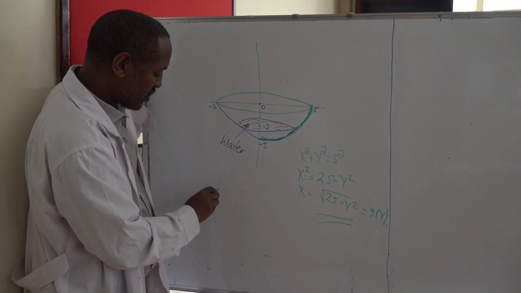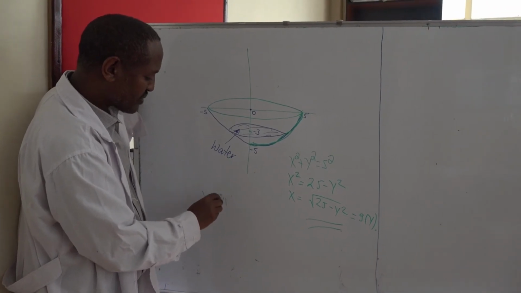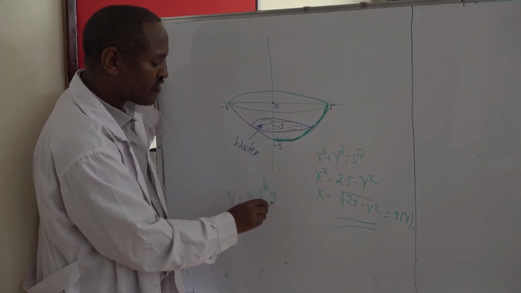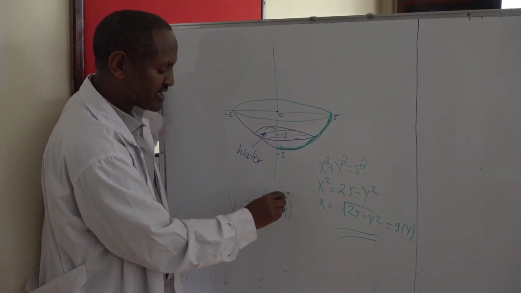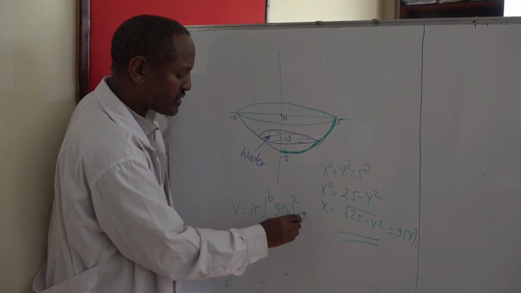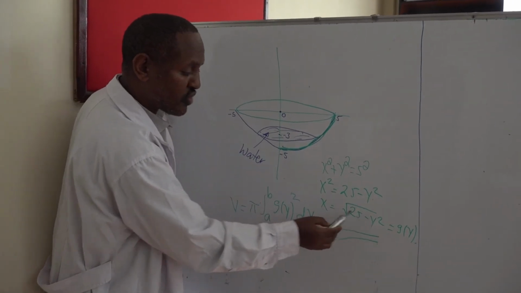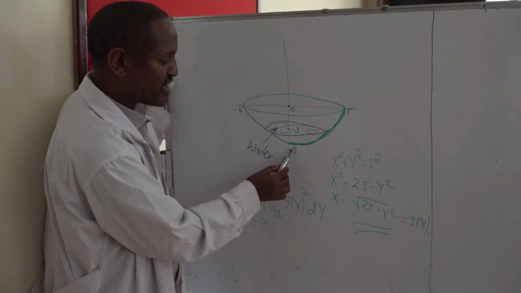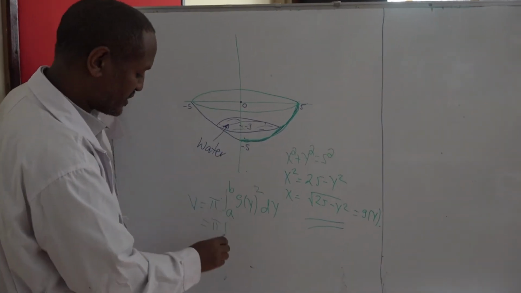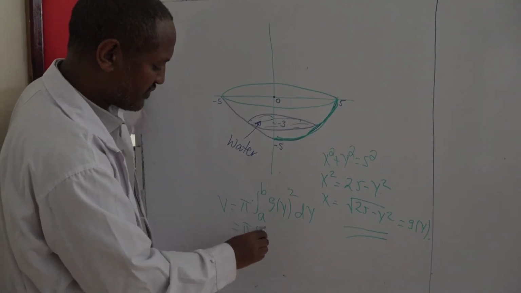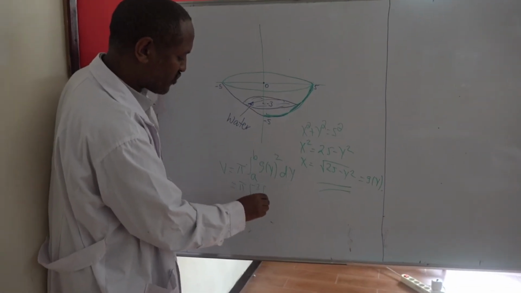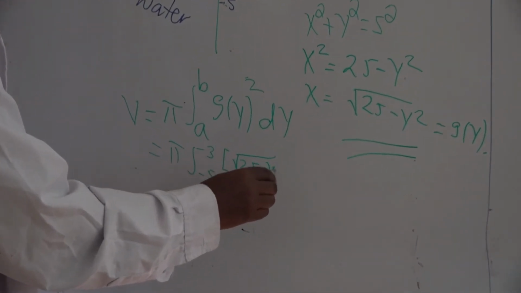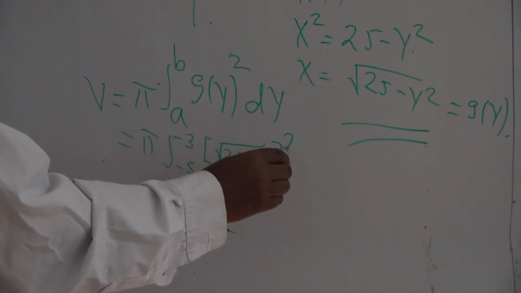So the volume of the water can be calculated by the formula: integral from a to b of the volume of revolution about the y-axis, g of y the whole squared dy. My g of y is this one. Pi times the integral from -5 to -3 of the square root of 25 minus y squared, the whole squared, dy.